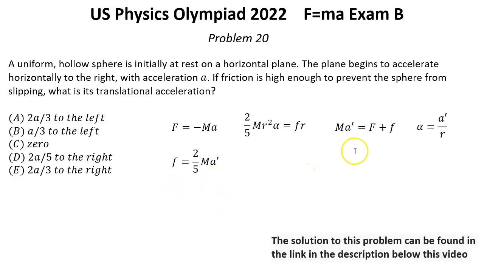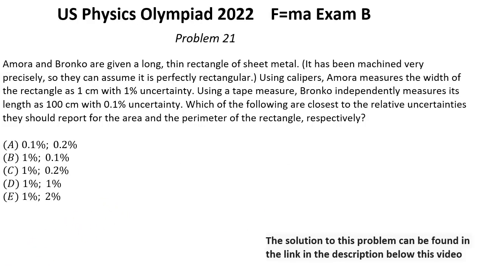Putting these expressions into the third equation, we have a prime equal negative 3 over 5 a. Now we can go back to our original frame of reference and find that translational acceleration equals a prime plus a, which is 2 over 5 a. That's answer D, and that was the solution for problem number 20.